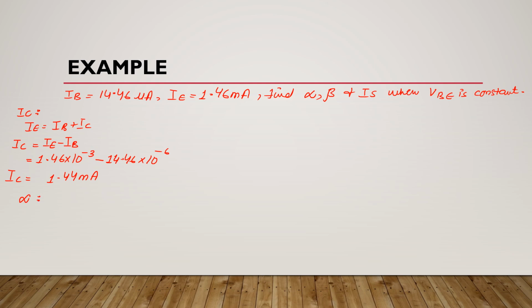Okay, now how will you find alpha? From equation 3, we know that IC is equal to alpha IE, and it means alpha is equal to IC divided by IE. Here we know that IC is 1.44 into 10 raised to the power minus 3 because it is milli, and IE is equal to 1.46 into 10 raised to the power minus 3.